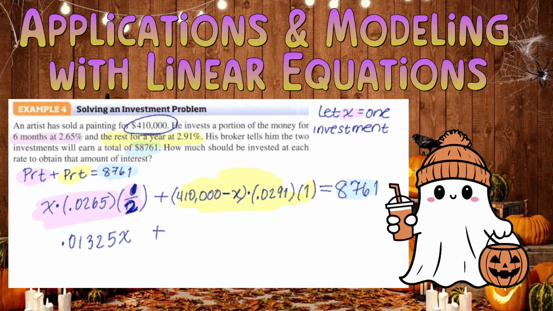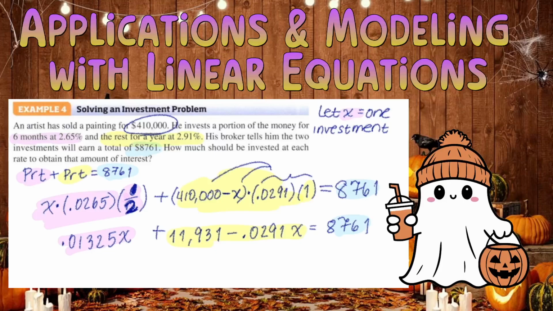Plus over here, if I distribute 0.0291 times 1 into there, that is going to get me in the calculator 11,931 minus 0.0291x. That still equals 8,761, just like that. That is from there, and that is from there, just so everyone is keeping track.